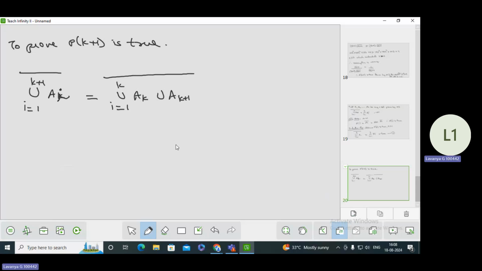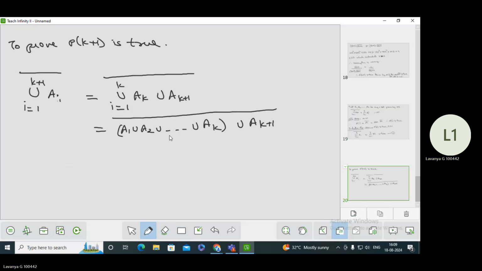Once I am able to write it this way, see, it is true up to k. This is one set, this is one set. So I can rewrite this as A1 union A2 union etc. union Ak, whole thing together, union A k plus 1, and I have my whole complement, because union is associative.